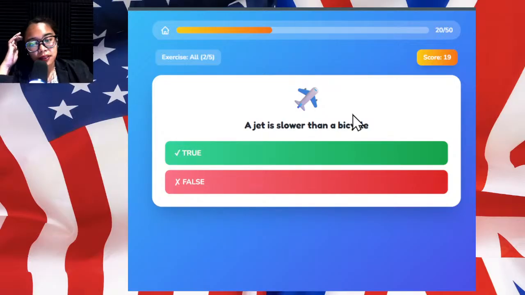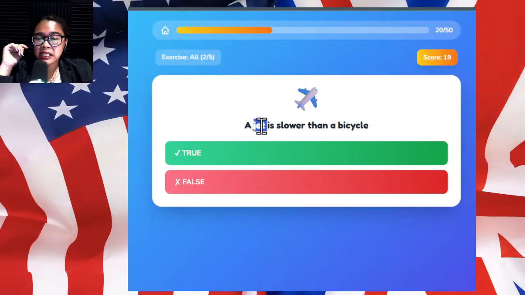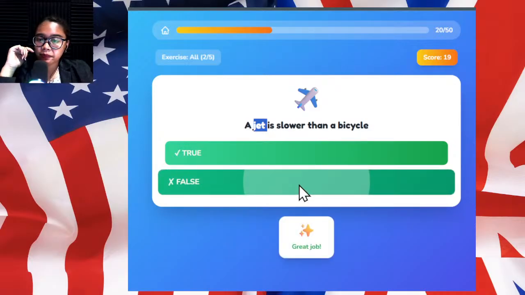But still, even then, a bicycle cannot outdo the speed of a jet, because the speed of a jet is really very fast. So this is a false statement.